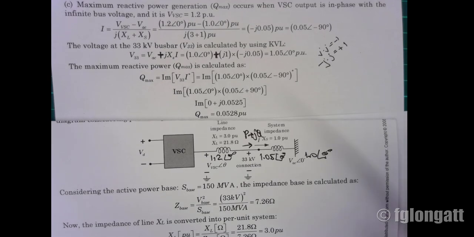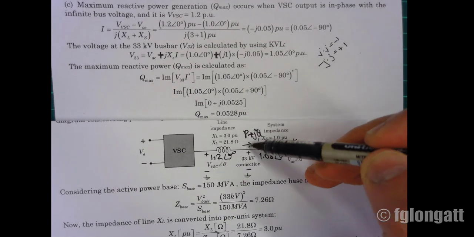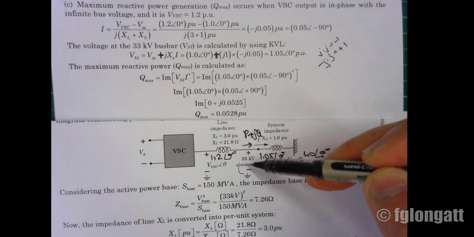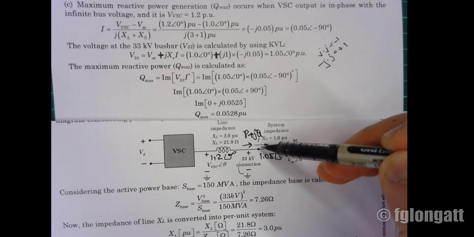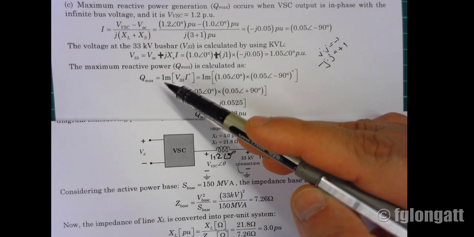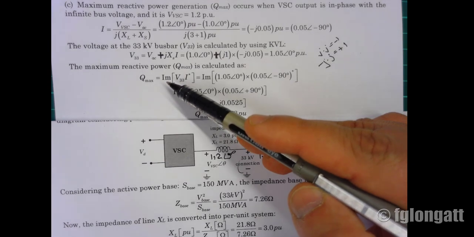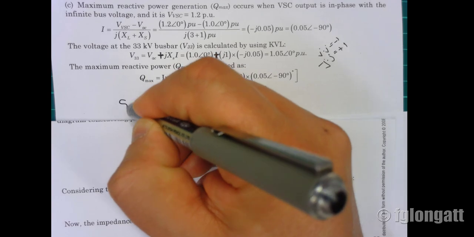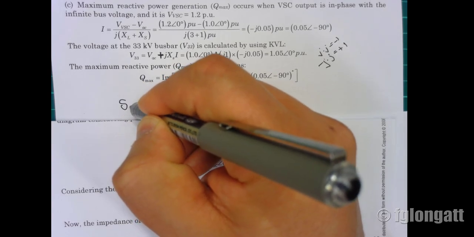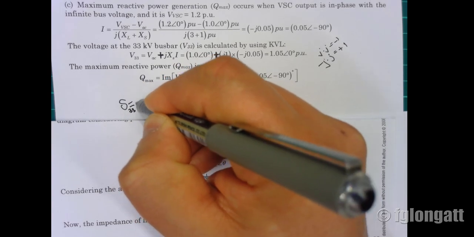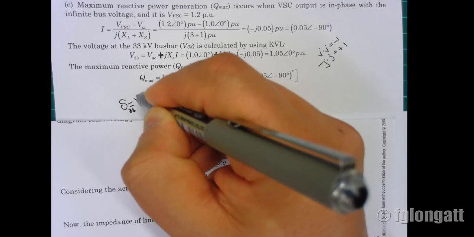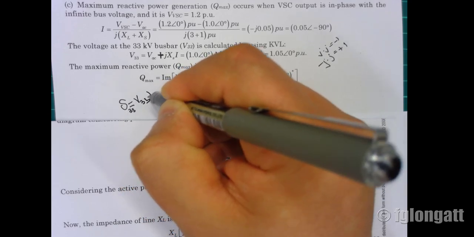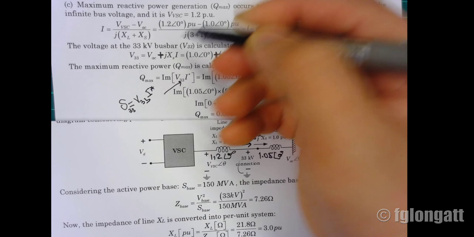Okay, but now what I want to do is, how much is the reactive power here, the output of this converter? Well, it's extremely simple. What we need to do is calculate the imaginary part of the complex power at the 33 point, or the output of the converter, and that is the voltage multiplied by the conjugate of the current.